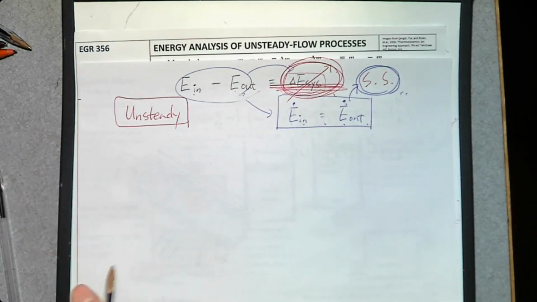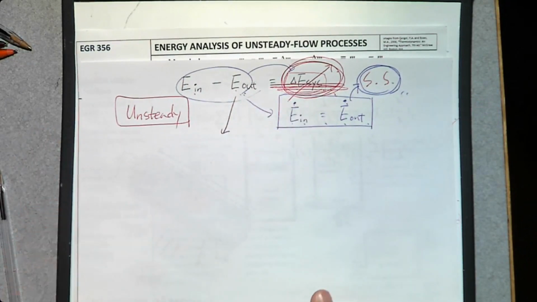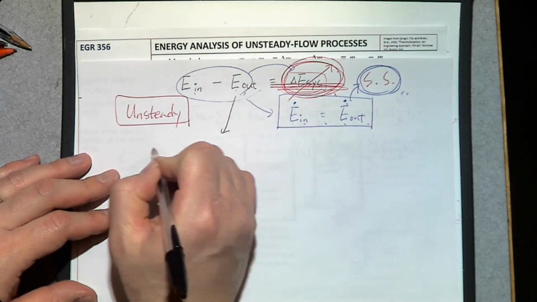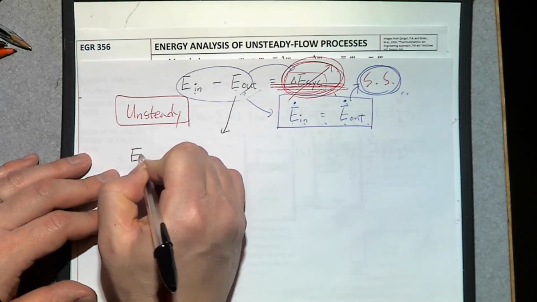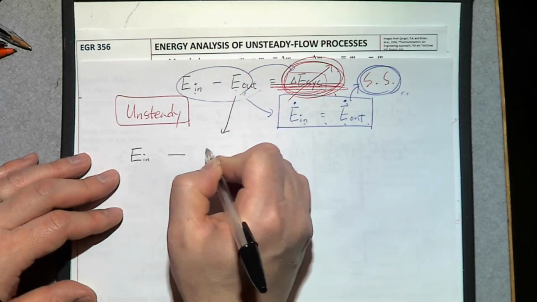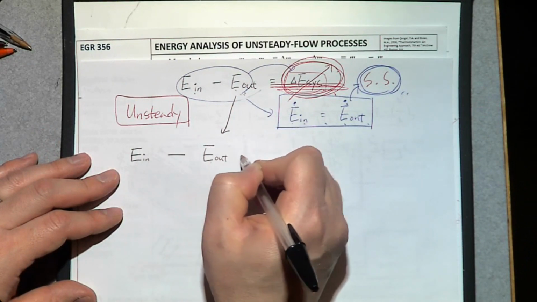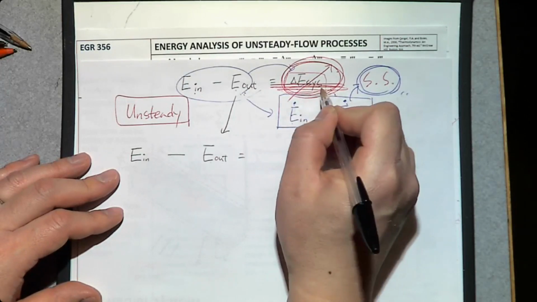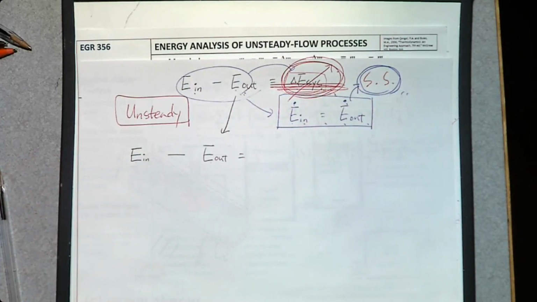So let's see how this energy balance equation is going to look. We have energy transfer in minus energy transfer out equal to the change of energy of a system. To determine the change of energy of a system, you can think about the energy balance equation we used in chapter 3.